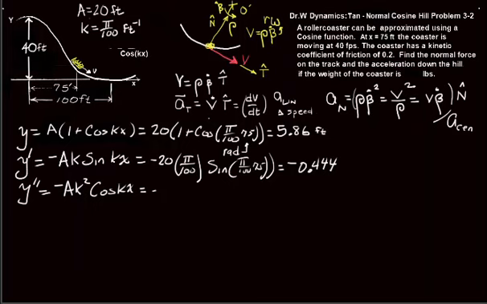And lastly, we get minus 20 pi over 100 squared cosine of pi over 100 times 75, and we get 0.0140, and that'll be 1 over feet.